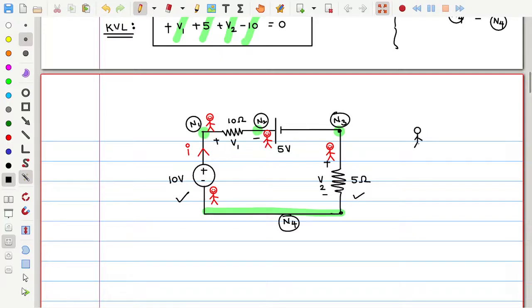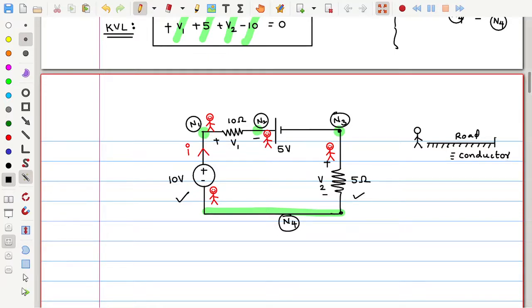If he is traveling, then he needs a road. As long as the road is there, he can travel smoothly. This road, in our case, is the conductor. As long as conductors are there, the current will try to pass through them.